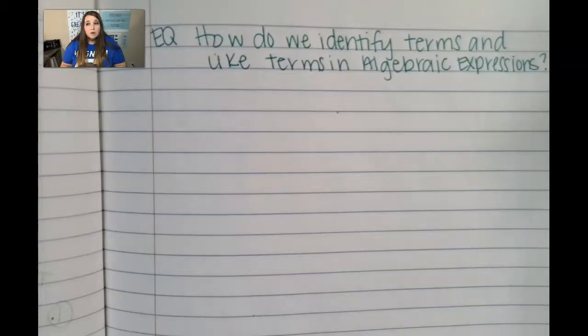So if you remember, an expression is just a math sentence. It doesn't have an equal sign. Okay, so expressions are just a math sentence that has coefficients, it has variables, and it has constants.